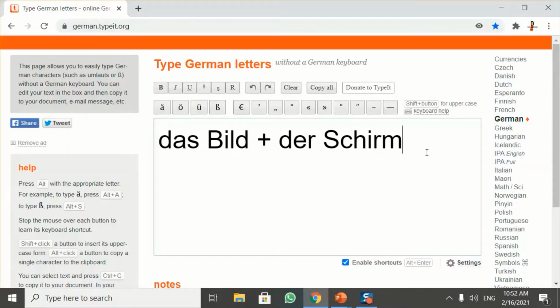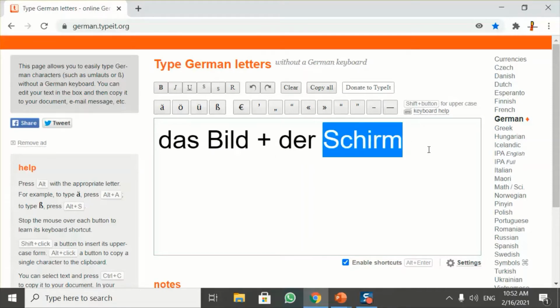So der Bildschirm refers to the screen of a computer, of a laptop, or even of a TV. And note that if you do not use the word Bild before Schirm, then simply der Schirm means in German the umbrella.